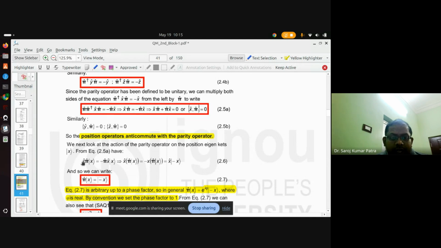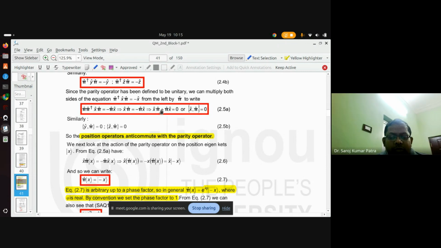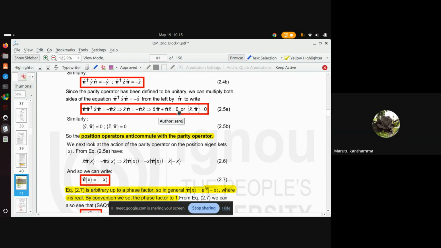ये इक्वेशन कैसा आया, समझ में आया नहीं आया? We just discussed, right? Once more, sir, please. x pi will be equal to minus pi x, right? From this one, 2.5a. x pi plus pi x is equal to 0, right? So, x pi will be equal to minus pi x. Yes, sir.